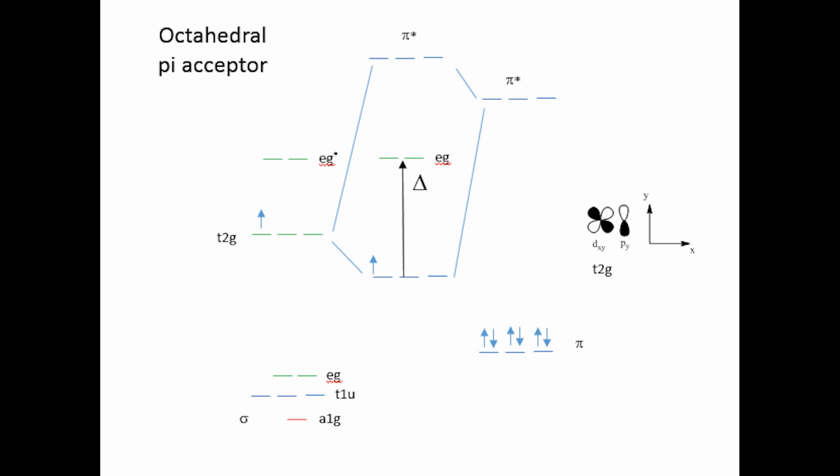So for this kind of back bonding or pi accepting, what you need essentially is a metal that is pretty rich in electrons, a low oxidation state, so it can actually donate an electron to this, and we observe that in this diagram.